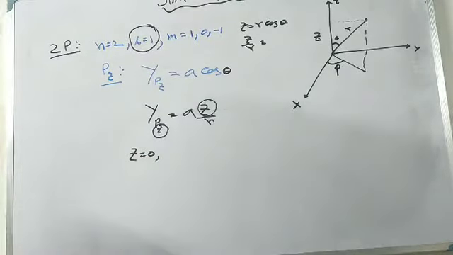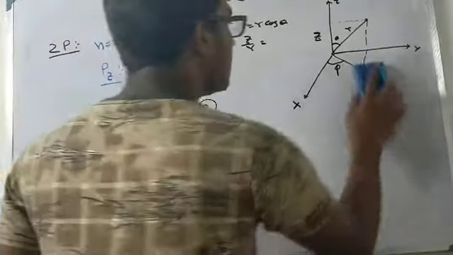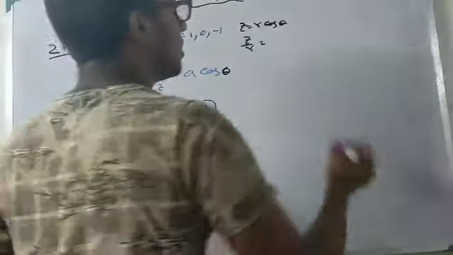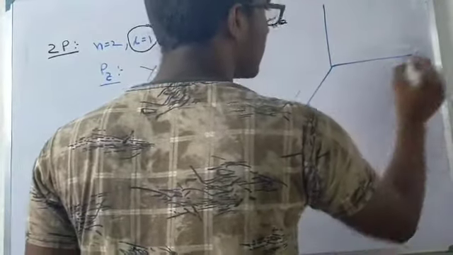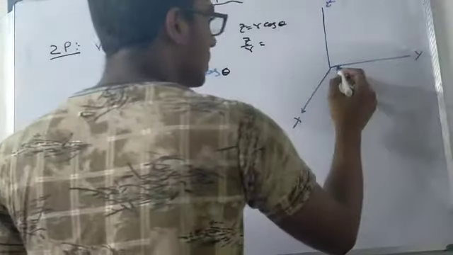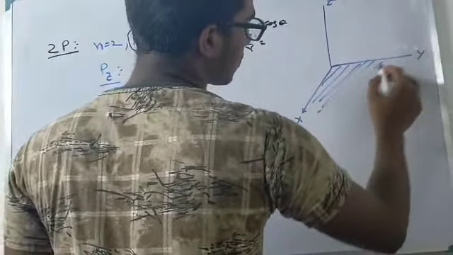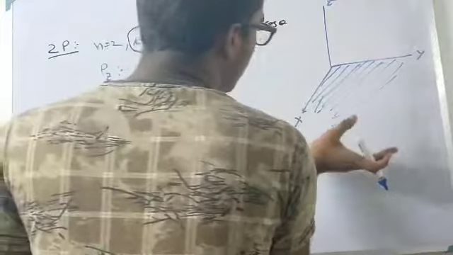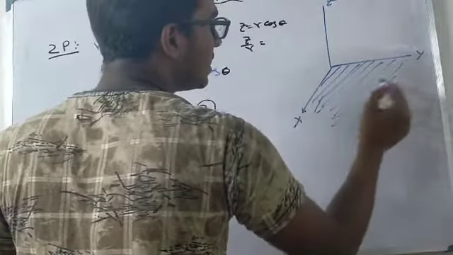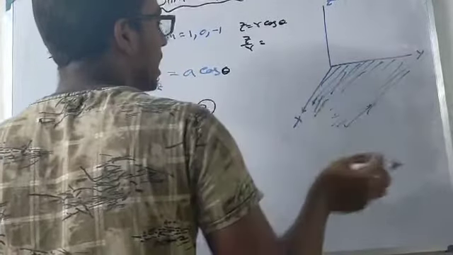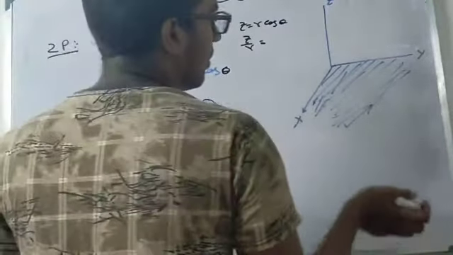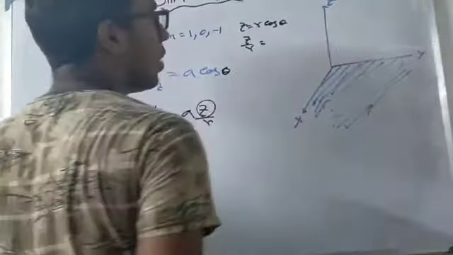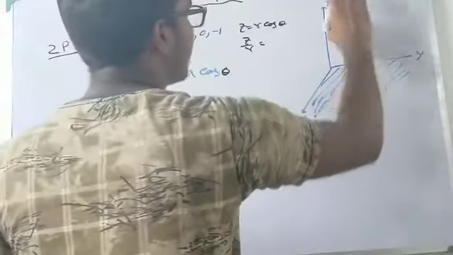So what is the meaning of z equals 0? Let's say this is x, this is y, and this is z. In this xy plane, all the points present on the xy plane have the value of z equals 0.